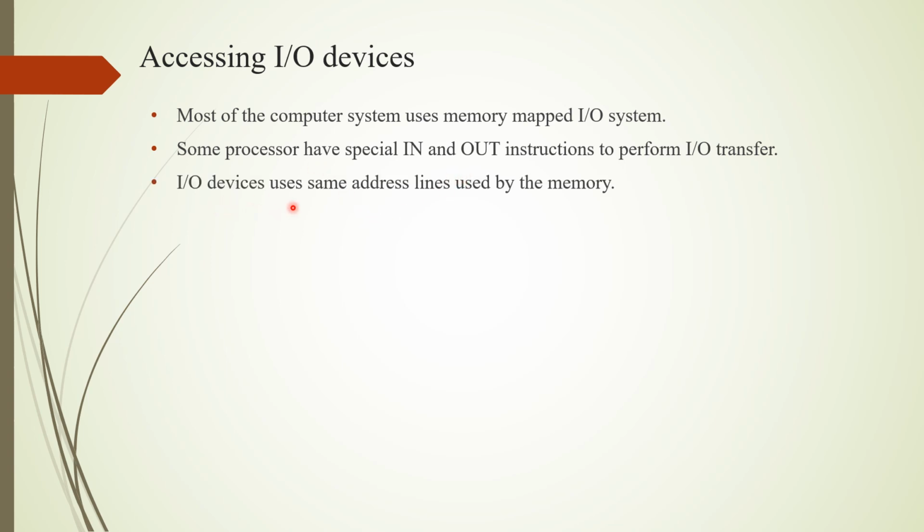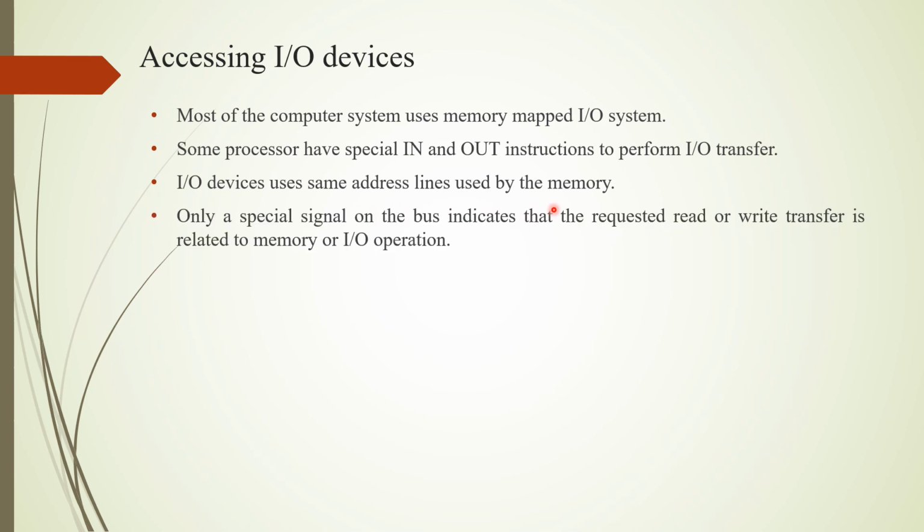IO devices use the same address lines which are used by the memory. Only a special signal on the bus indicates that the requested read or write transfer is related to the memory or IO operation.